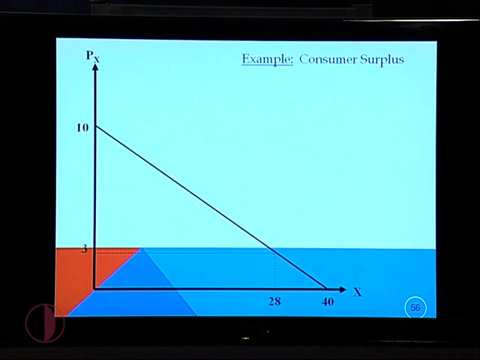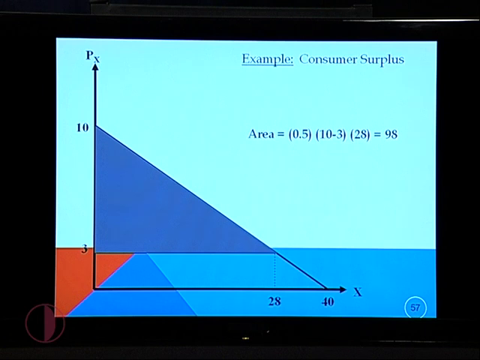This will be for the price 3, area 0.5 multiplied by (10 minus 0.5), and because this is not a square but a triangle, we multiply by 28. Think about this as a square, or you have to divide, or you can calculate this as height times base divided by 2 for triangles. Then you find the area for the consumer surplus.